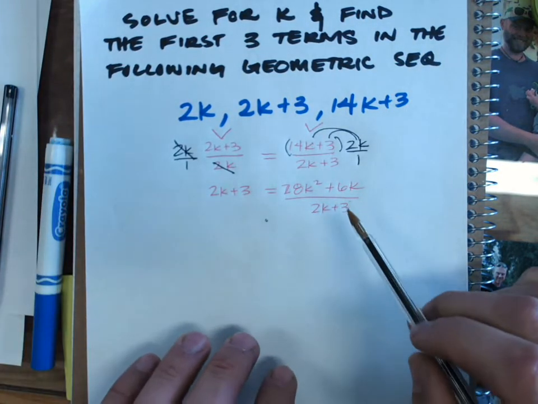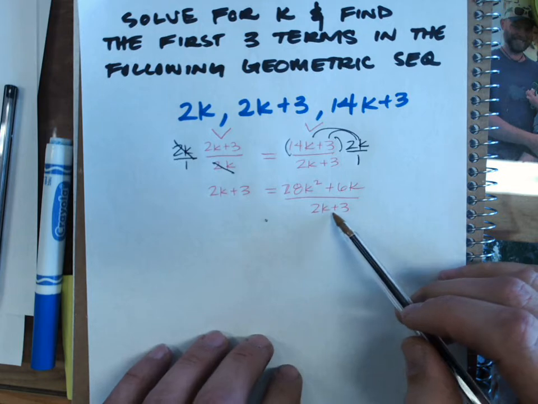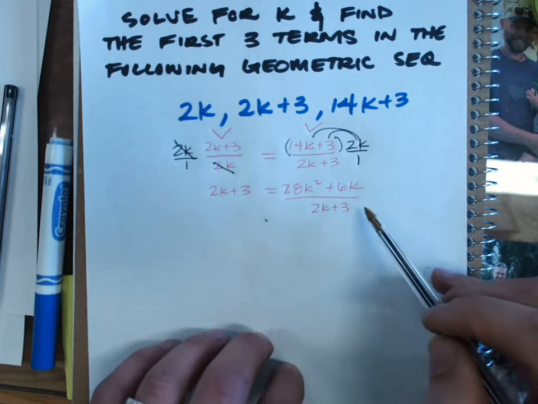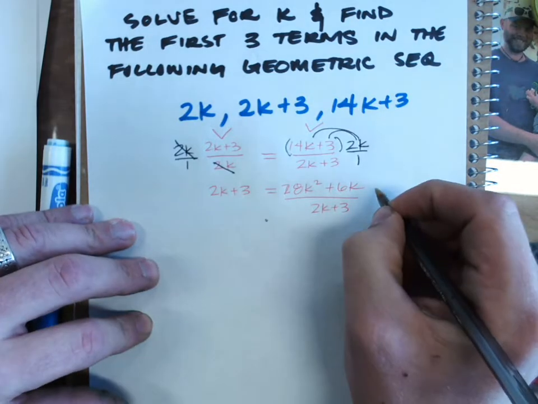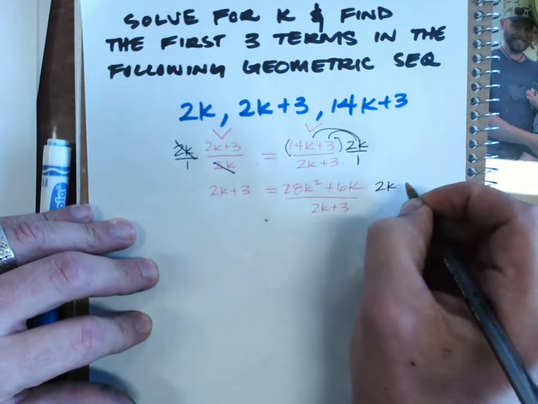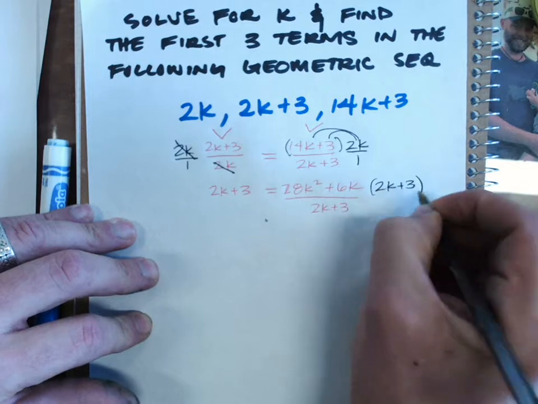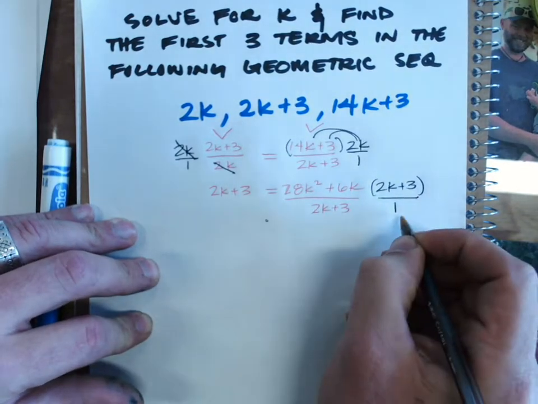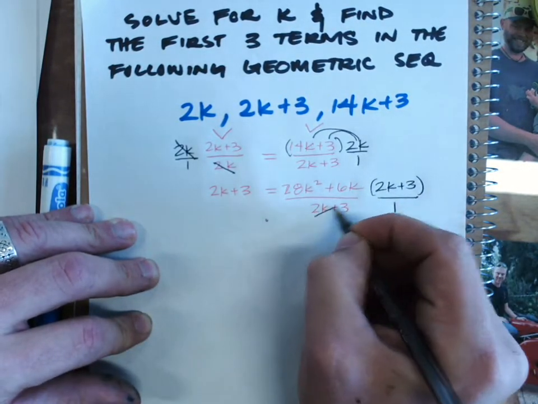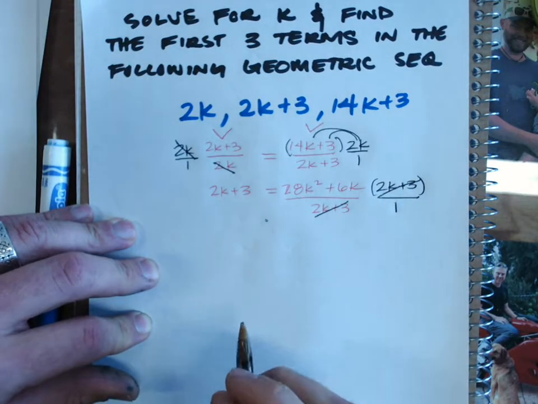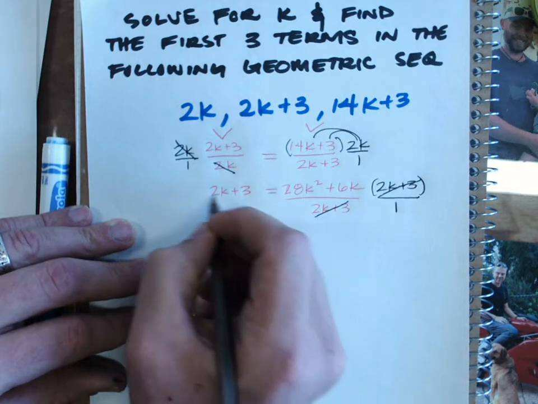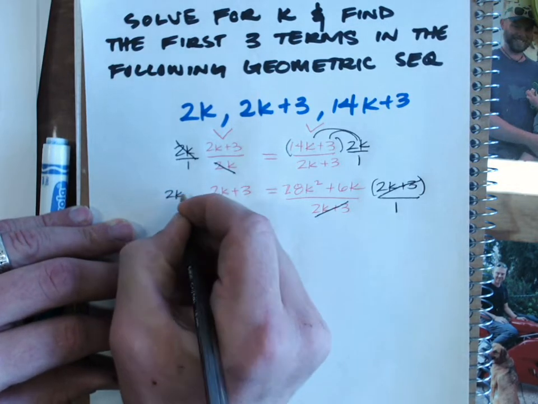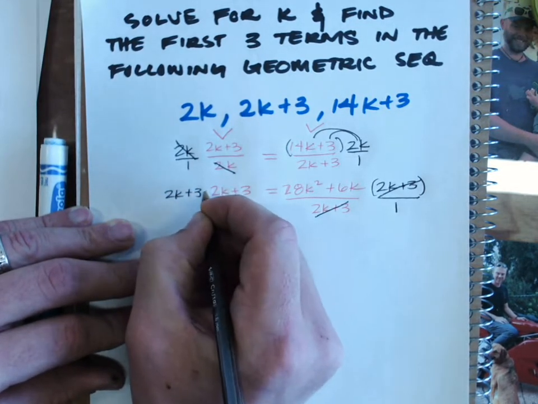Okay, from here, same strategy. We want to get rid of the denominator, and that represents a division using the opposite operation, i.e. multiplication over 1. This factor and this factor will cancel each other out. Now, to maintain equality, we'll have to multiply over here, 2k plus 3.